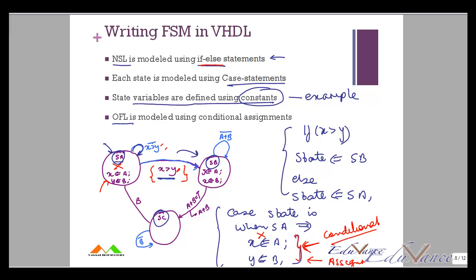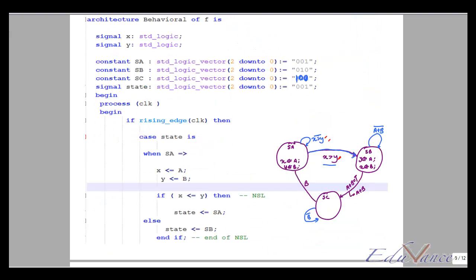Okay, well, let's look at this particular example in VHDL. So assuming that you have written the entity, let's look at what the architecture of this FSM would look like.